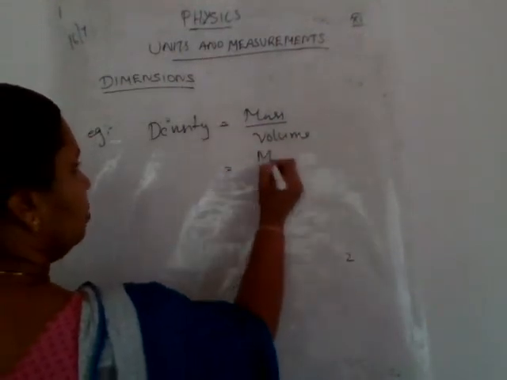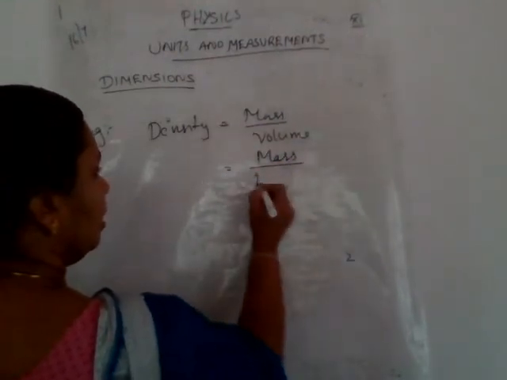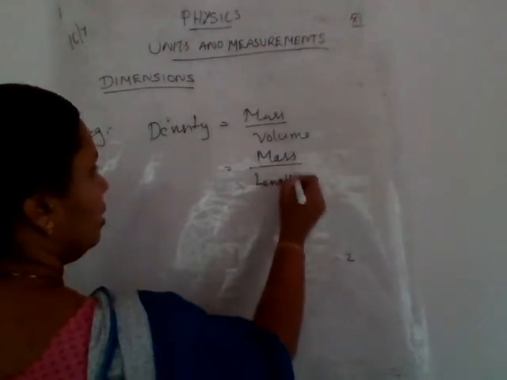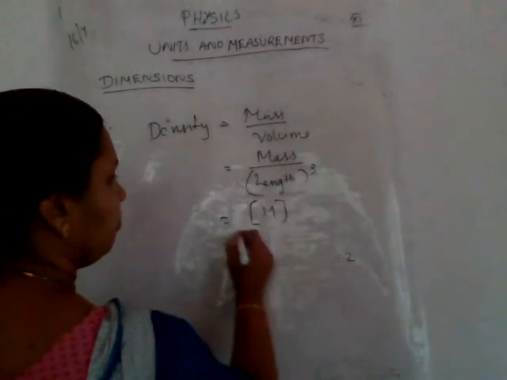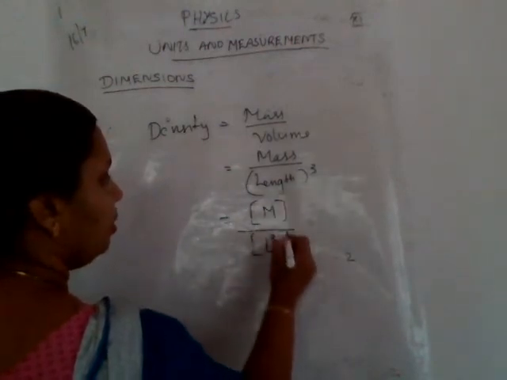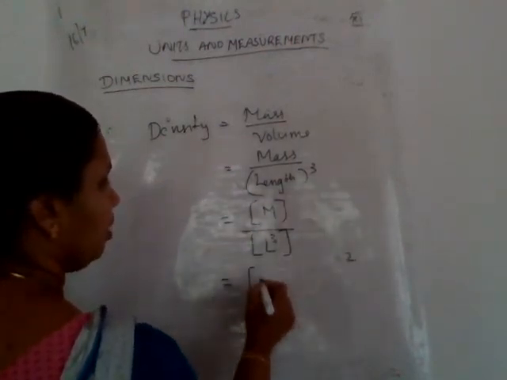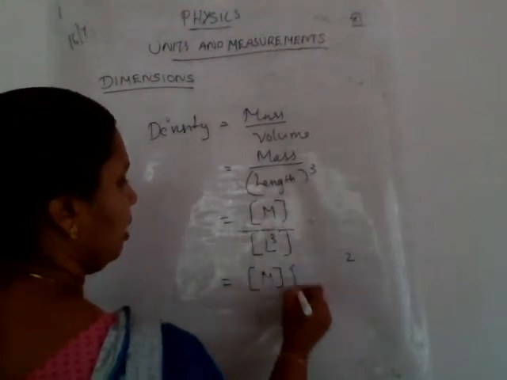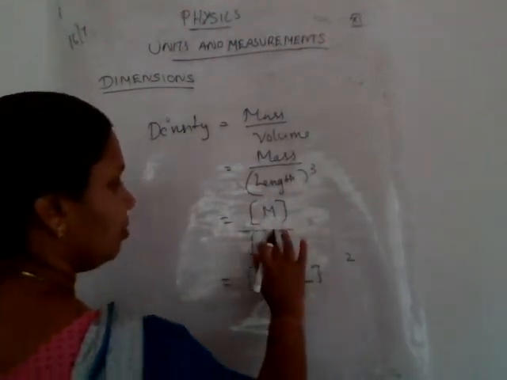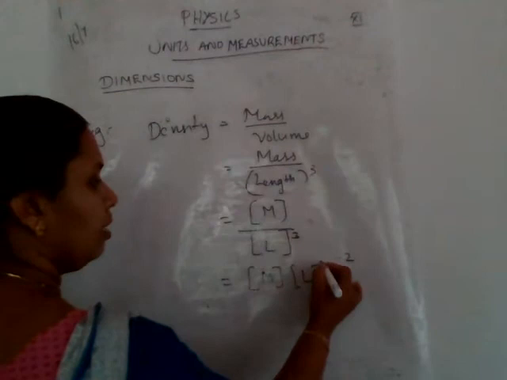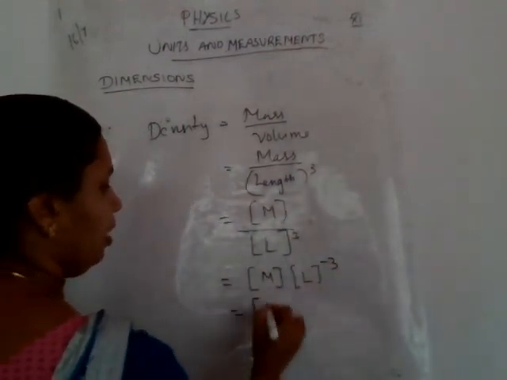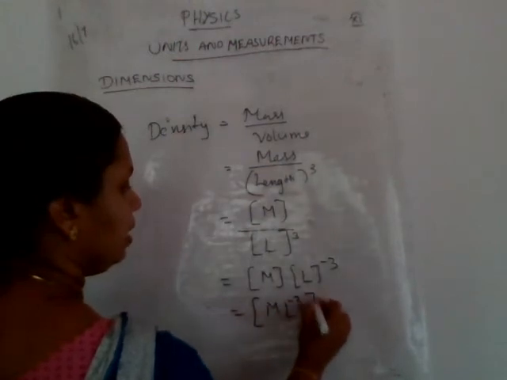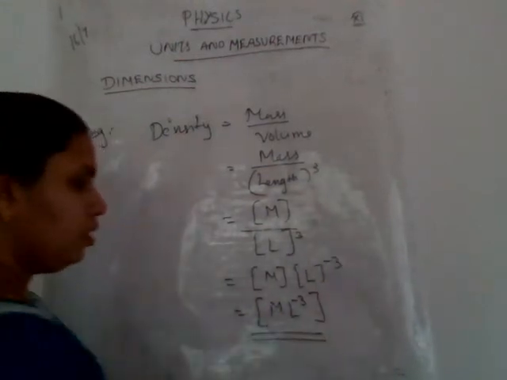So it is equal to mass by length cube. So what is it? M by L cube, that is M L, with this power we will write outside the bracket, minus 3. M L minus 3.